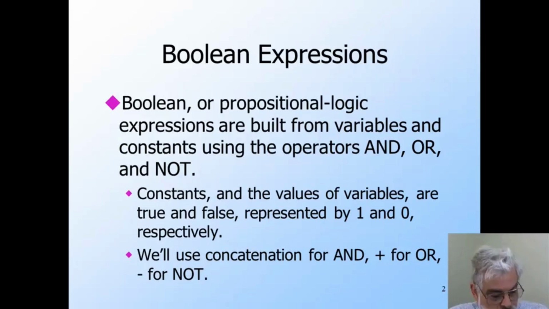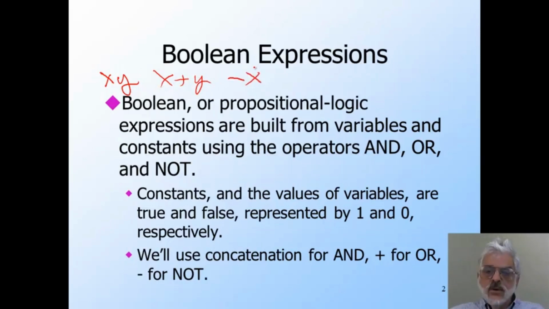So xy really means x and y. We'll use plus for or, so x plus y means x or y, and we'll use the minus sign for not, so minus x really means not x.